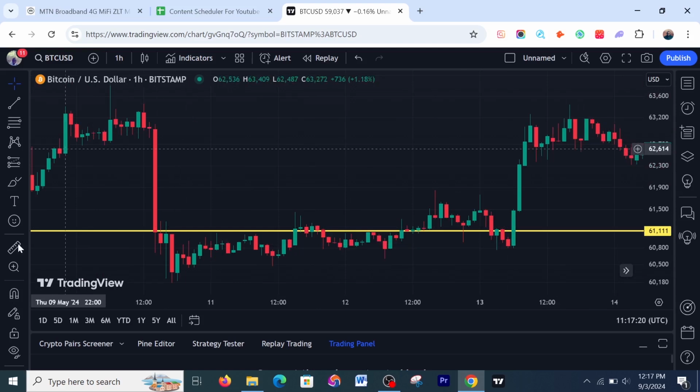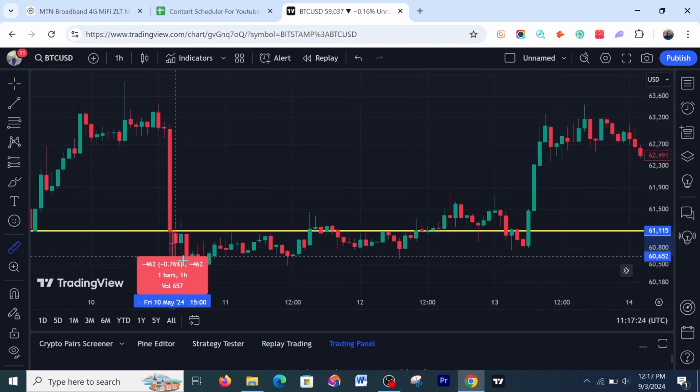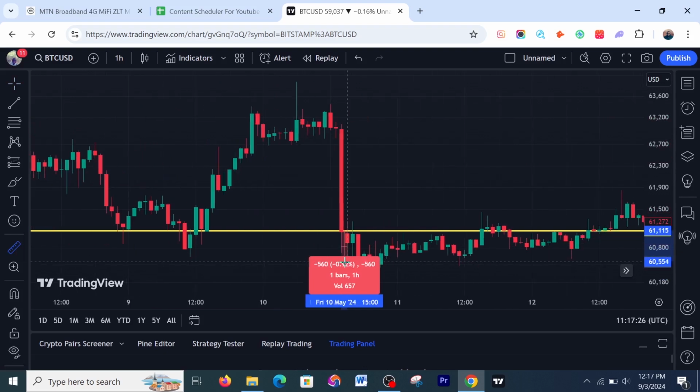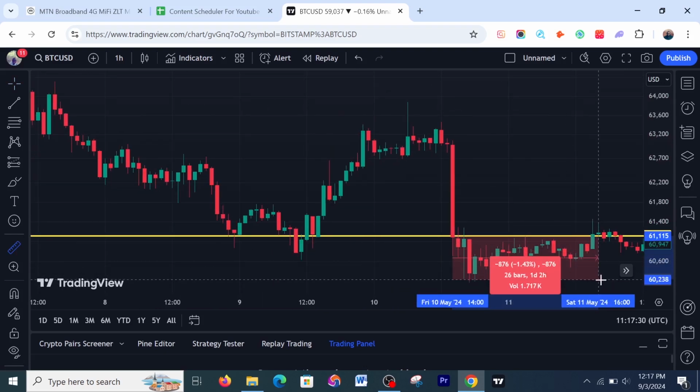Let's measure it here. You will see it's just 1.52% to the downside, not up to 2%.